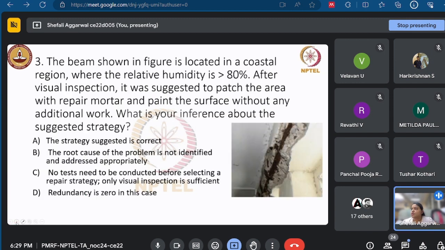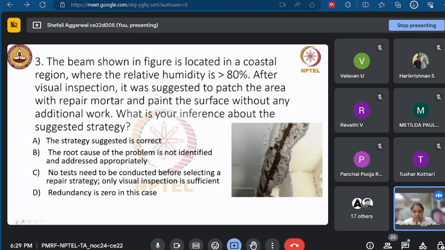The next question: the beam shown in the figure is located in a coastal region where the relative humidity is more than 80%. After visual inspection, it was suggested to patch the area with repair mortar and paint the surface without any additional work. What is your inference about the suggested strategy?